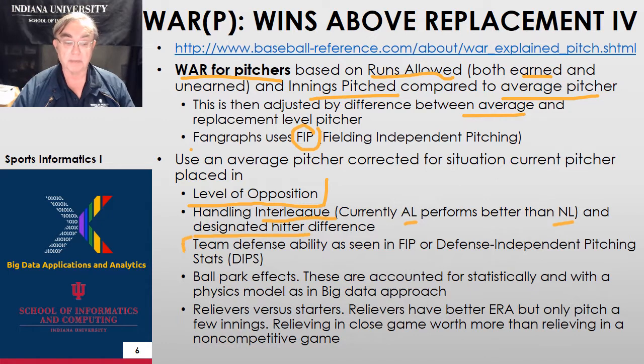As I mentioned, you need to correct for whether the team can field well or not. And there's something called defense independent pitching, which is an alternative to FIP. It's DIPS, which has the same concept as FIP, but it's a different formula. I mentioned the ballpark effects, the Colorado effect, or the small stadium effect.